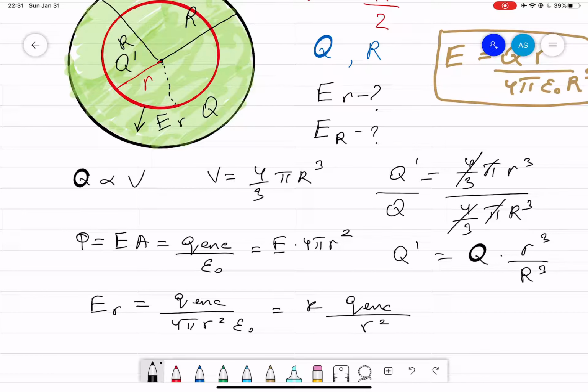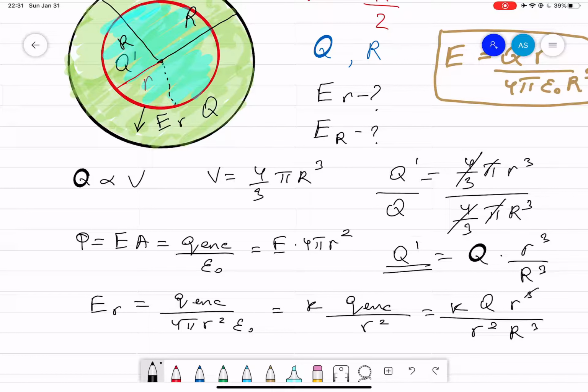Then what we have to do now is find how much charge is inside this small sphere. We already found it, which is equal to this one. So we can say k multiplied by total charge Q times small r cube, divided by small r squared and big R cube.